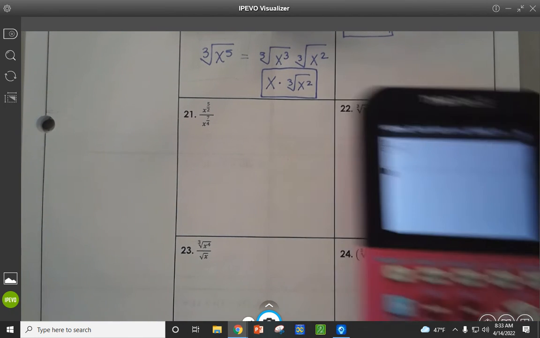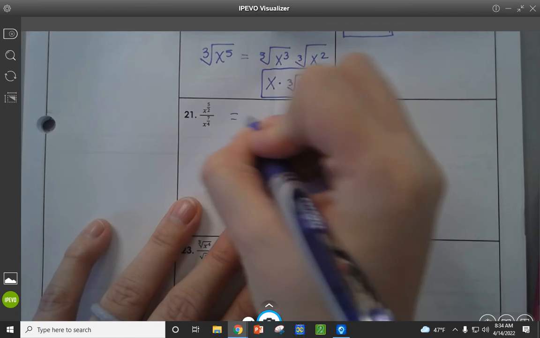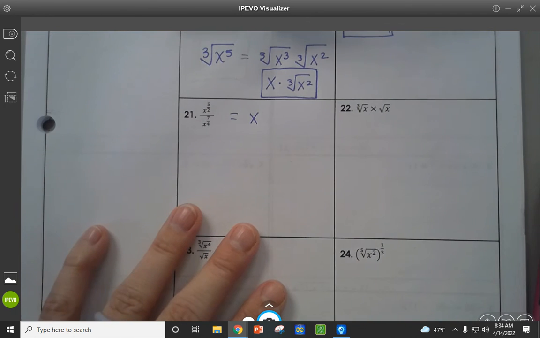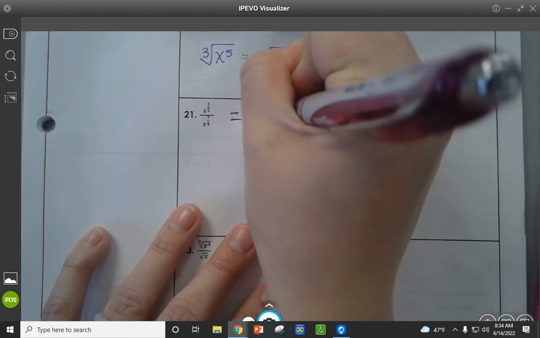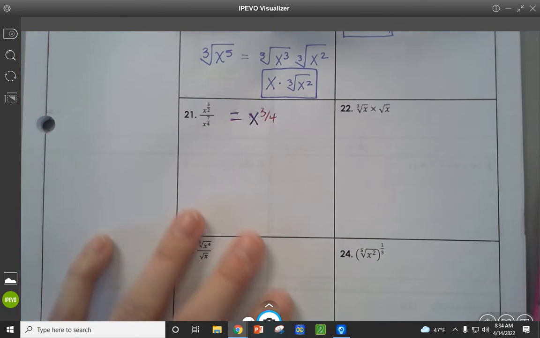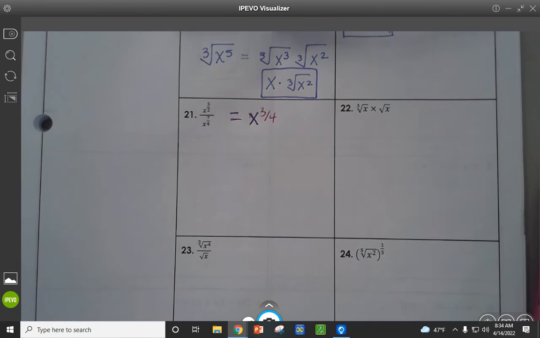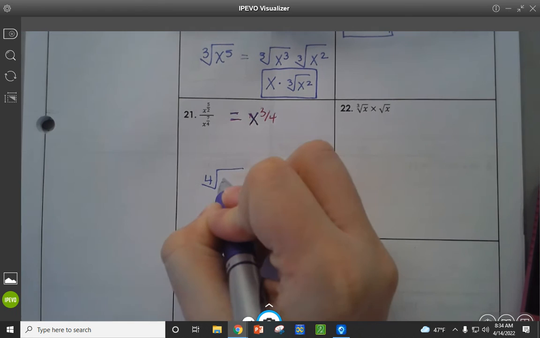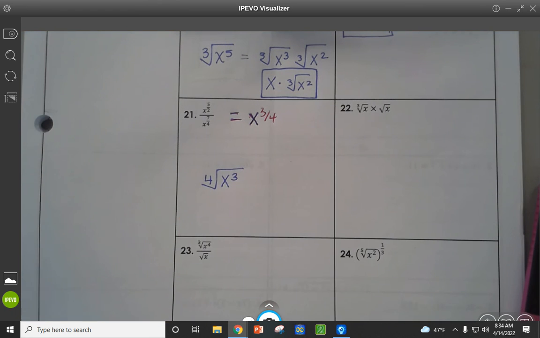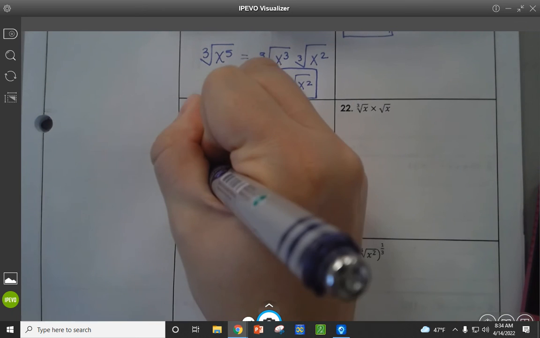We would have x to the 3/4. And how do I write that as a radical? 4th root of x cubed. Can I move out any x's to keep an exponent that's a multiple of 4? No, so we're done.